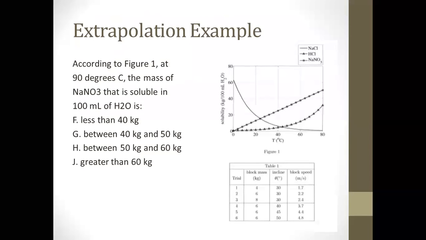So with this example, we have figure 1. 90 degrees Celsius, and they're asking us for the mass of NaNO3. Looking at figure 1, we can see that 90 is not on our x-axis, so we can extend the x-axis a little bit to where 90 would be.